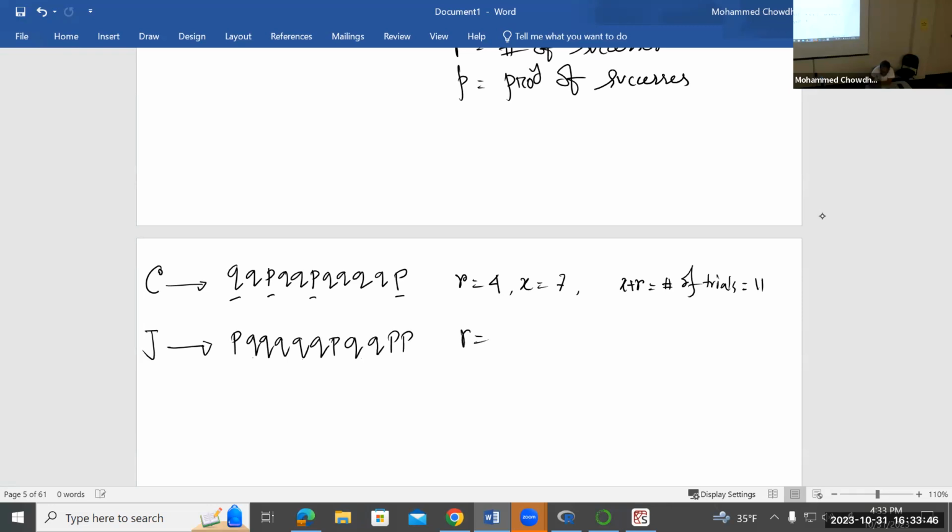So now r equals 4 and x equals 7, and x plus r is the same. But see, Jana's combination is different from her combination, right? The number of successes and number of failures are the same.